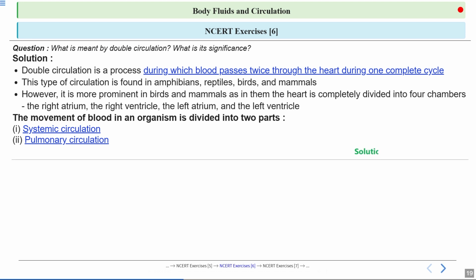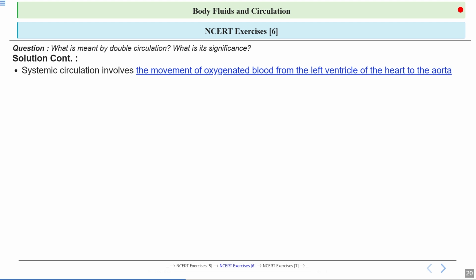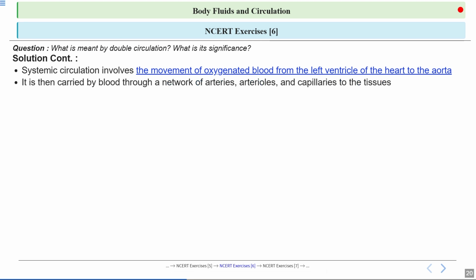Let's continue with the solution. Okay, now we were talking about the systemic circulation. This is the process where oxygenated blood leaves the left ventricle and enters the aorta, which is the body's main artery. After leaving the aorta, the blood travels through a network of arteries, arterioles, and finally capillaries.